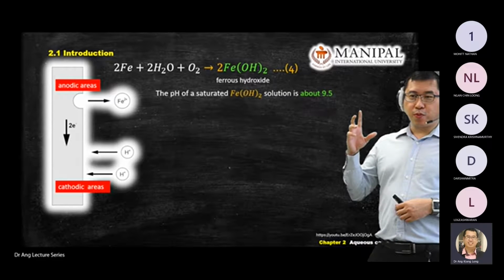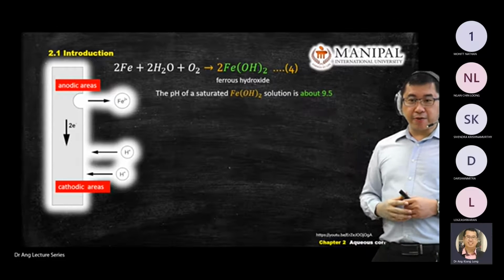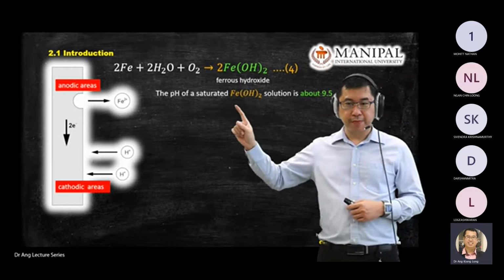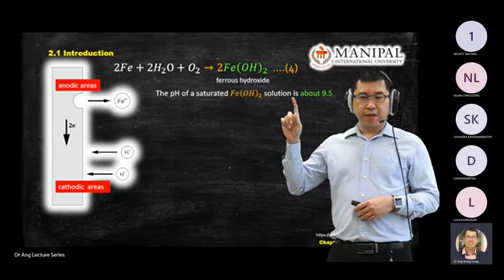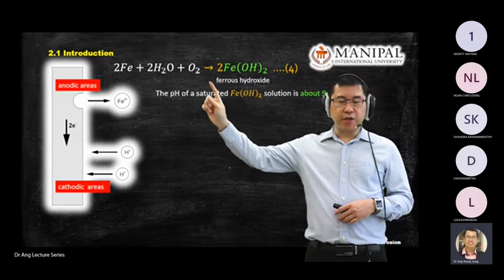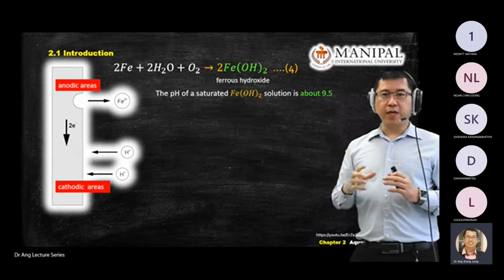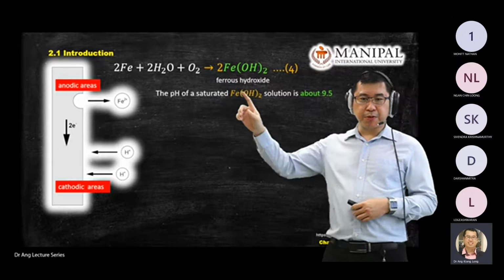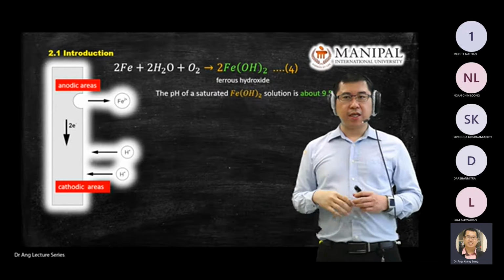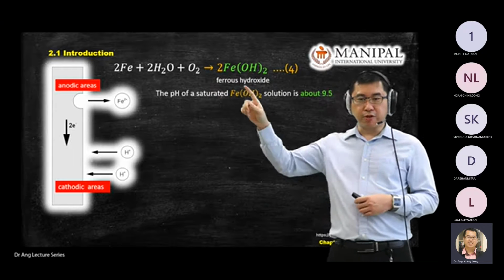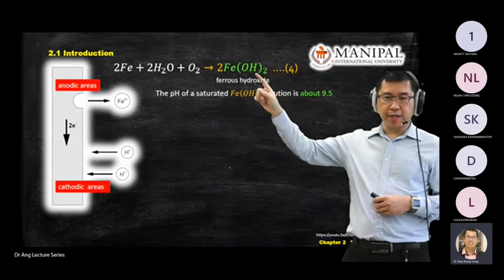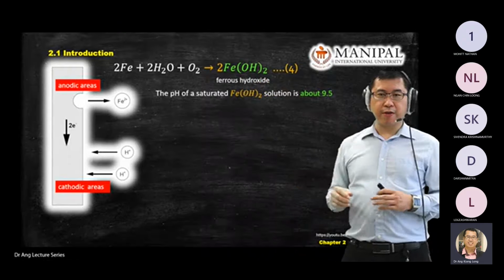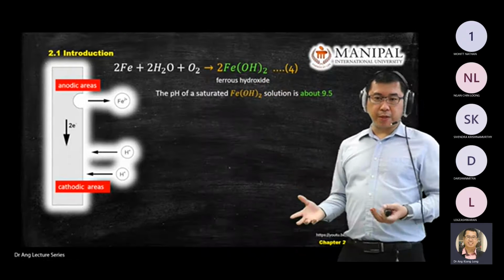Now we look at another dimension of environment, which is the pH value. Now we know that if you create a new chemical compound, especially in water, especially hydroxide, OH something, so OH something will give you a pH property.